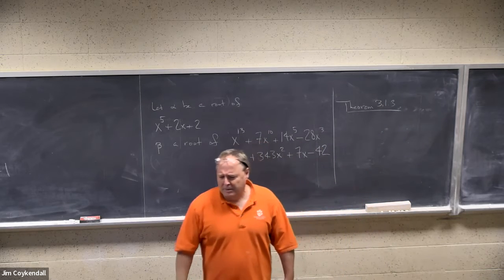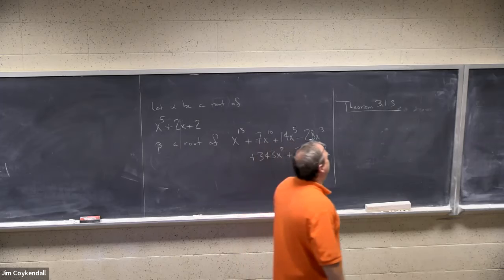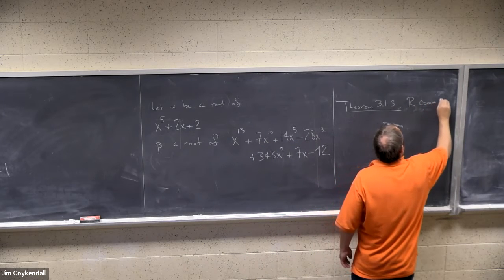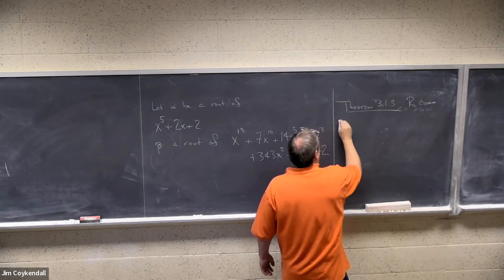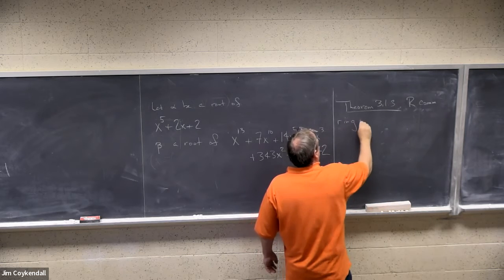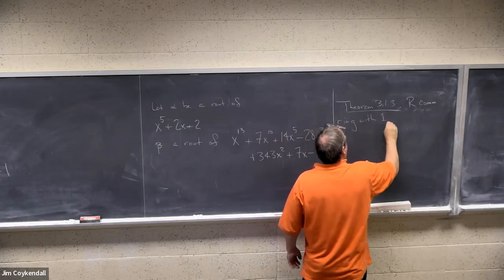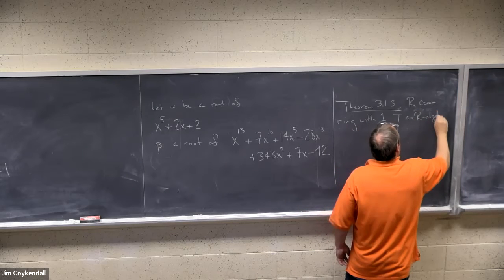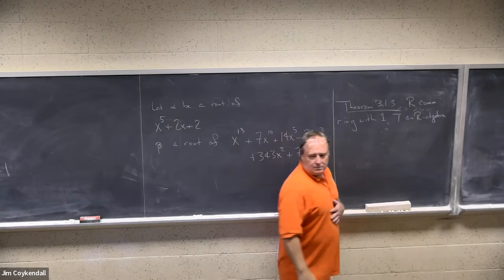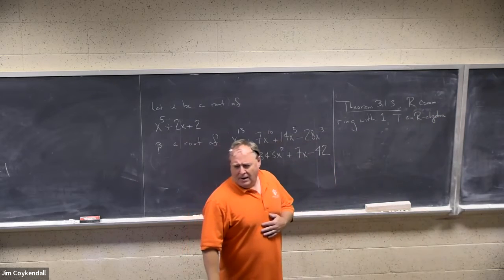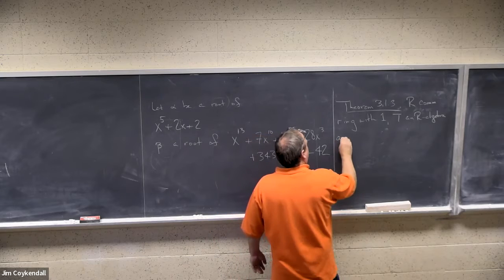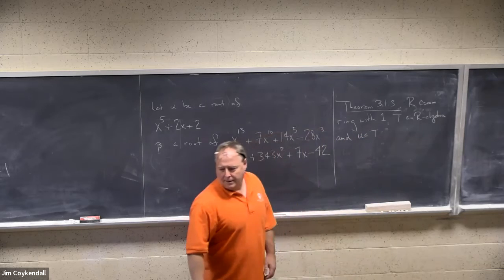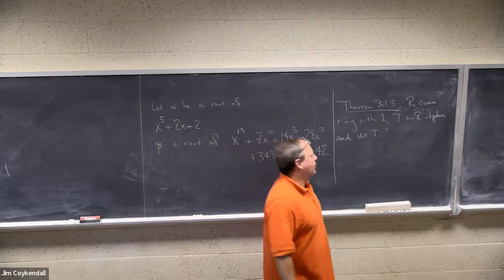Theorem 3.13: let R be a commutative ring with 1, T an R-algebra with 1, and u in T. The following conditions are equivalent.